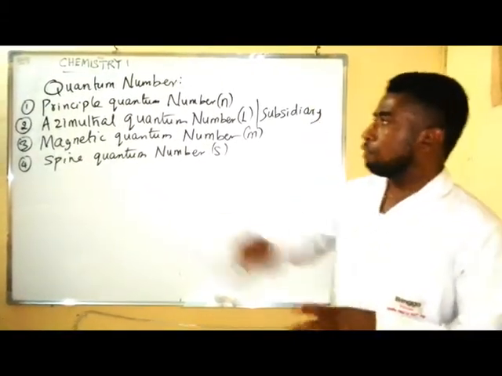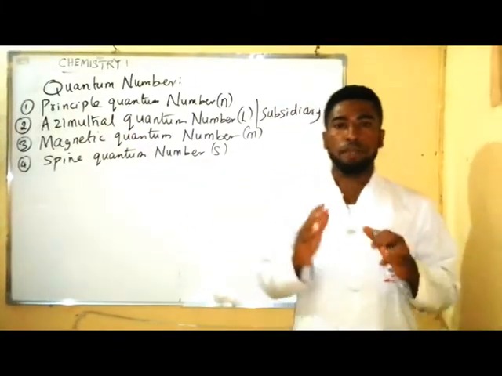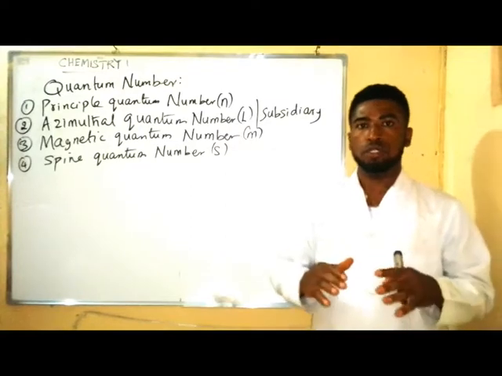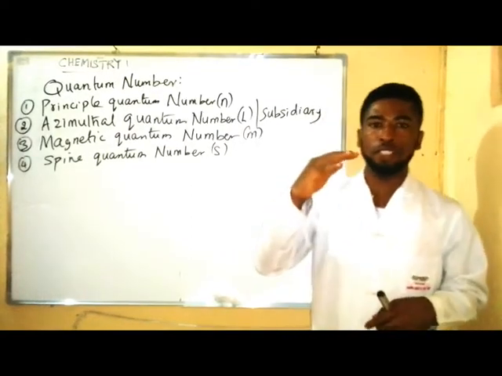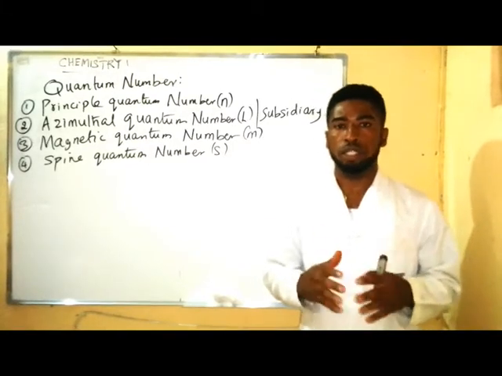Alright, let us start with the first one, principal quantum number N. The principal quantum number is used to determine the major energy level of an electron in an atom.